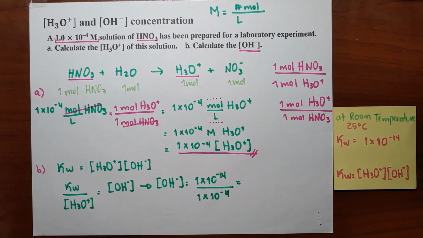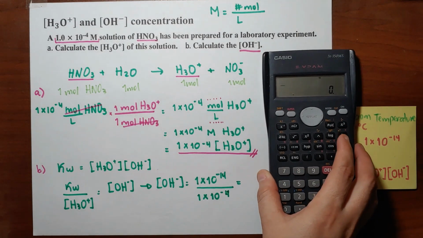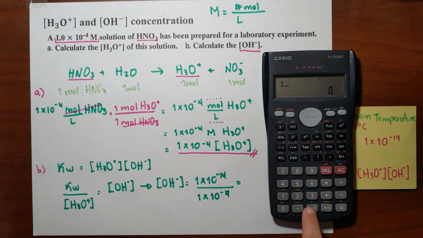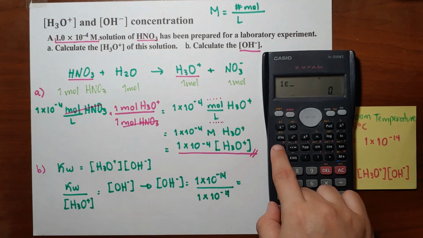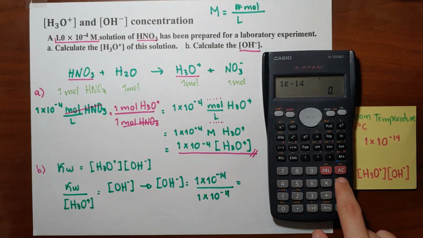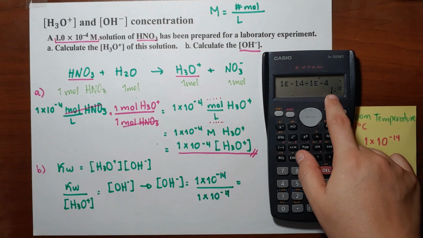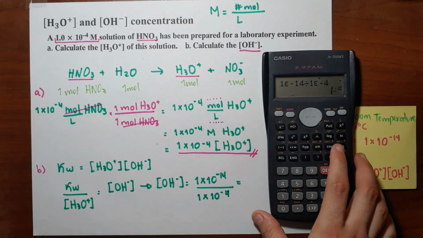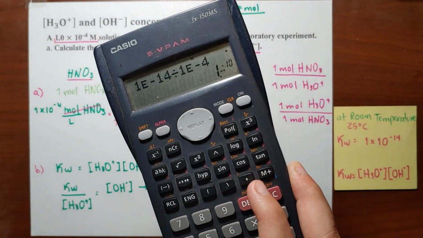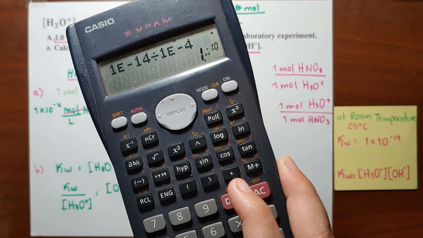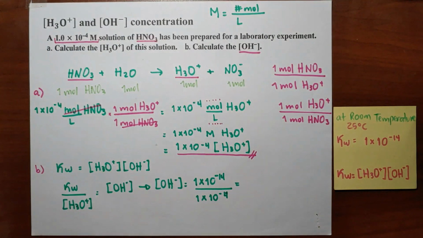You do this in your calculator. I'm gonna do it once for you. 1 exponential negative 14 divided by 1 exponential negative 4. This gave me 1 times 10 to the negative 10.